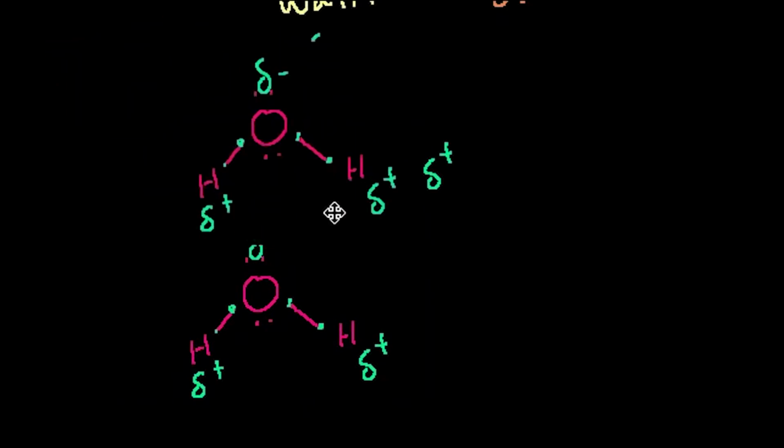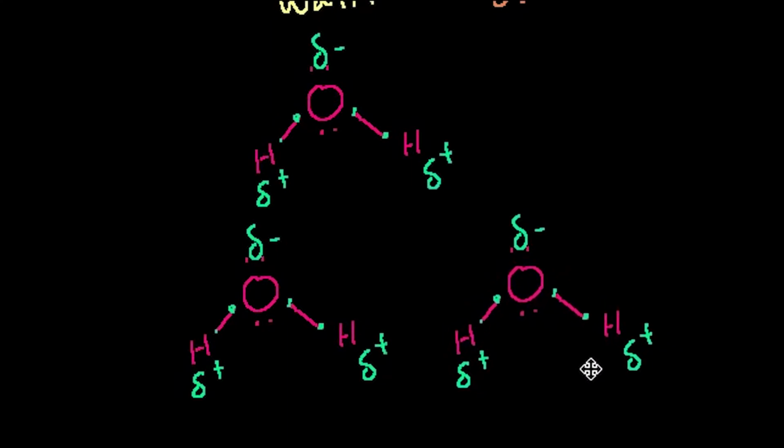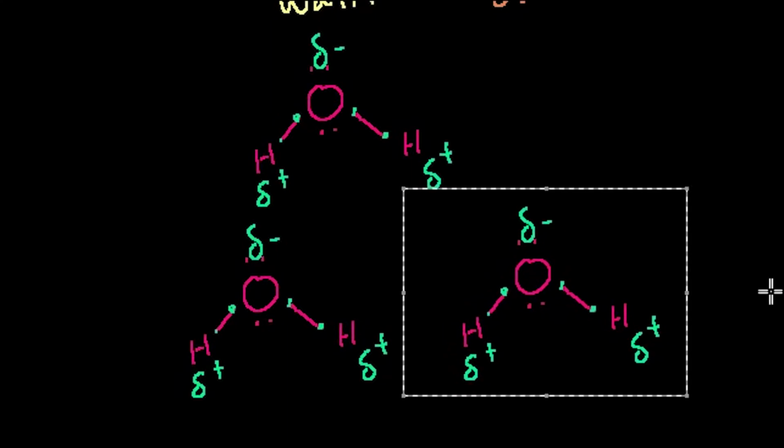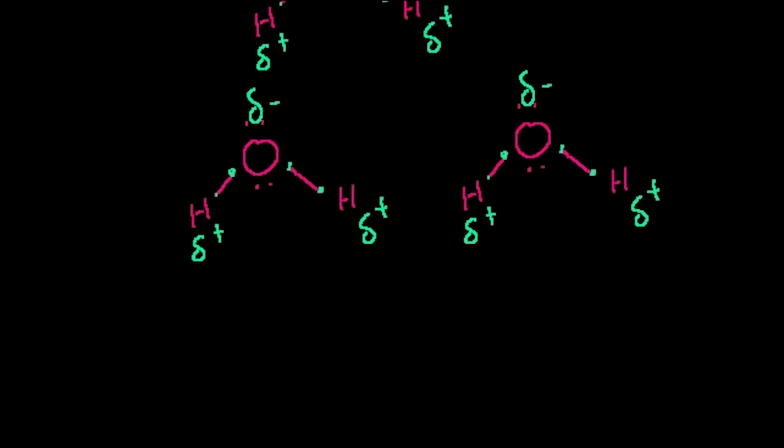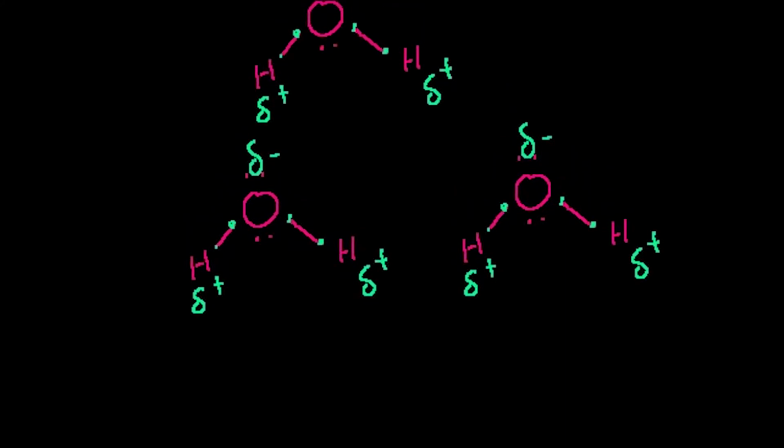And then I could do another one right there. And then maybe, just to make the point clear, you have two hydrogens here. Maybe an oxygen wants to hang out there. So maybe you have an oxygen that wants to be here because it's got its partial negative here, and it's connected to two hydrogens right there that have their partial positive.